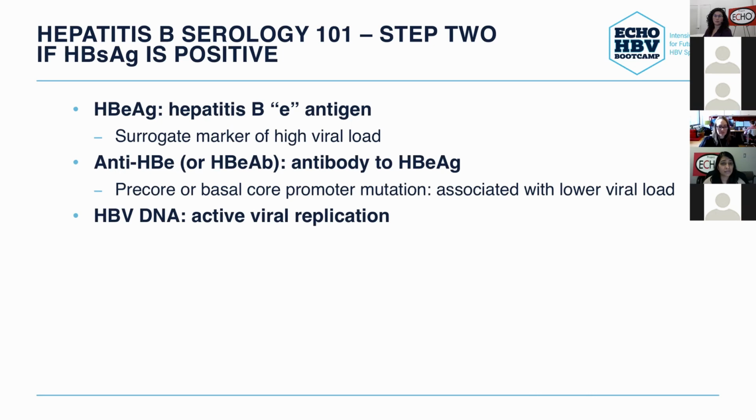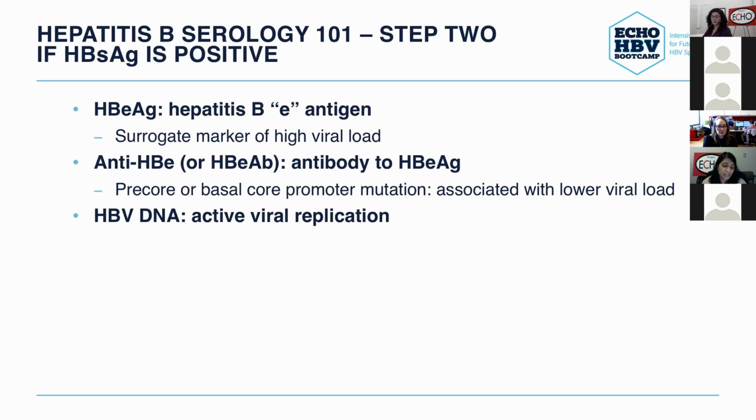And then anybody who tests surface antigen positive, which is a marker for active infection and usually coincides with chronic infection for most of the populations, particularly foreign-born populations that you're seeing, should lead you to counsel patients on their test results, but then in terms of a testing workup, it should lead you to check some additional serologies. And those additional serologies will include the hepatitis B E antigen test. And this can be a surrogate marker of a high viral load, which I'm going to talk about.